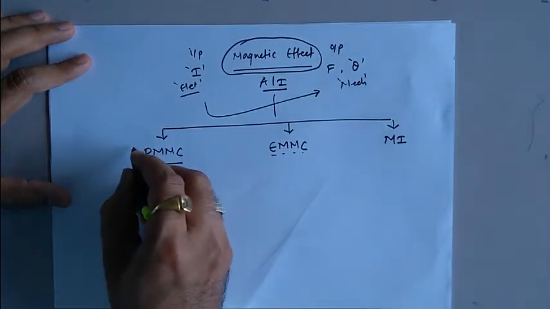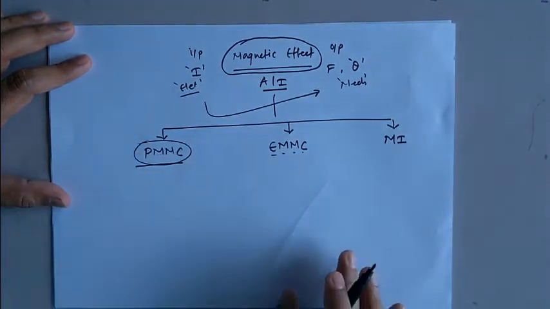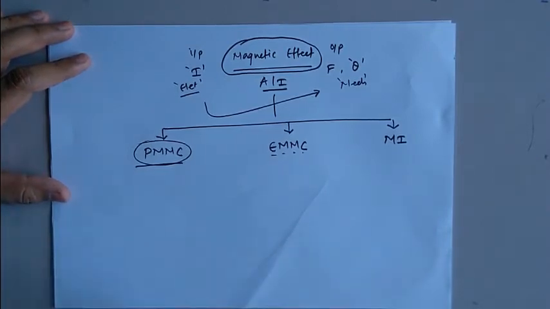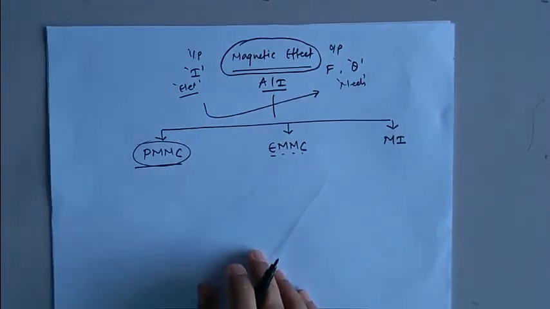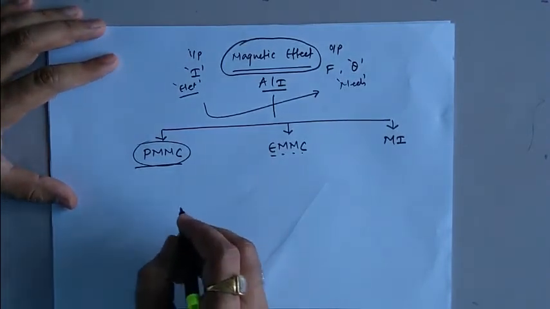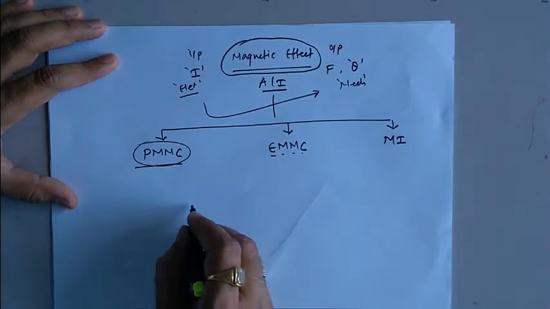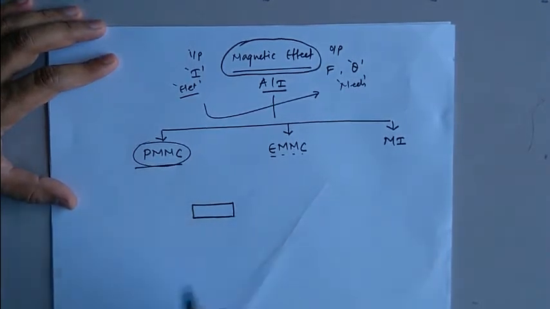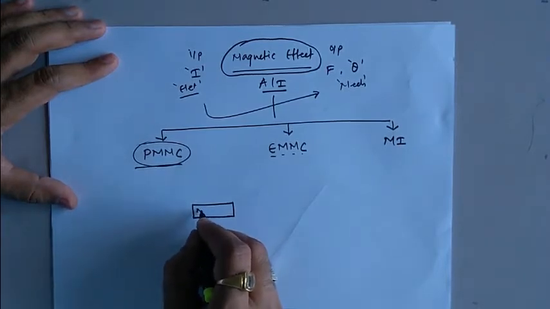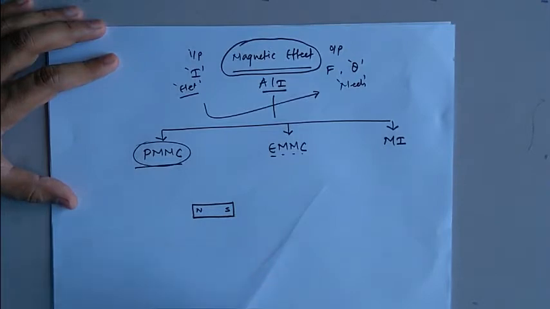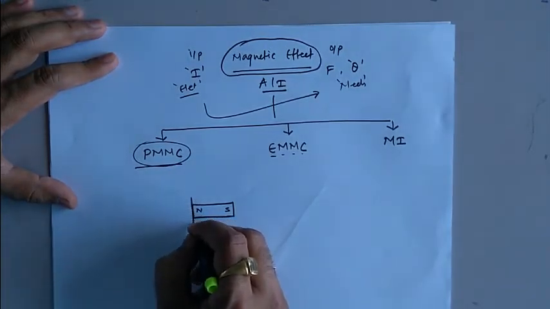Now let us try to analyze how this PMMC type instrument works. And for that, let us consider the schematic view of a simple PMMC type instrument. So in this type of instrument, we are having one permanent magnet. Let us consider that this indicates the north pole and this will indicate the south pole of the permanent magnet, and let us assume that this permanent magnet is fixed.